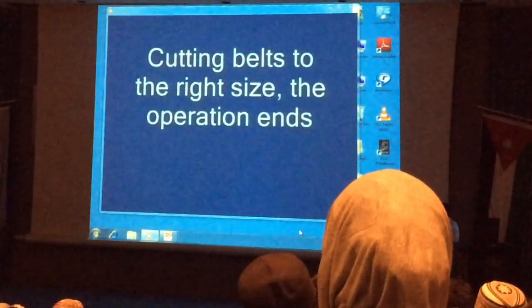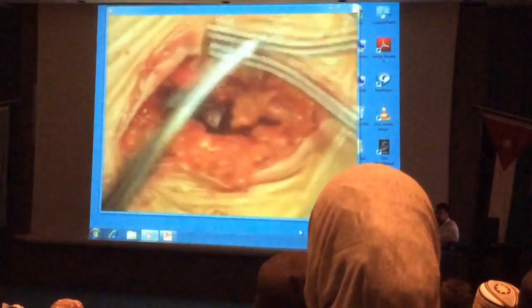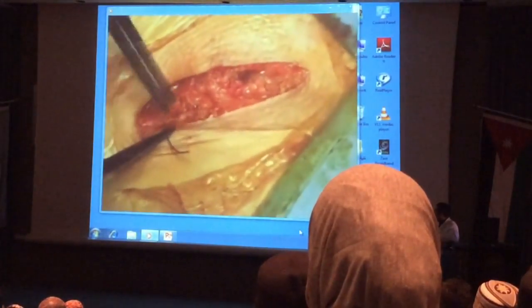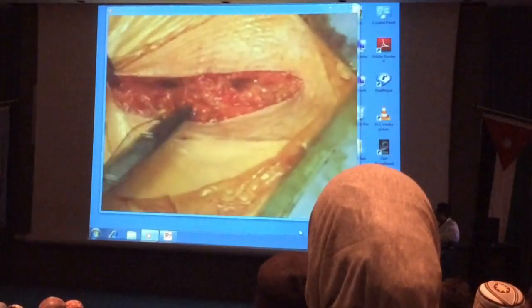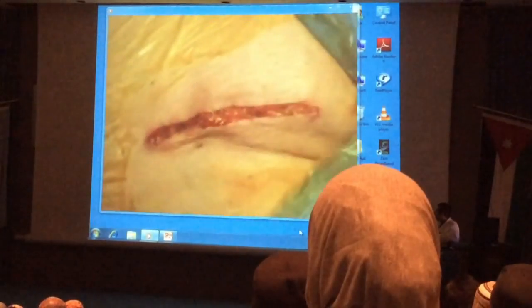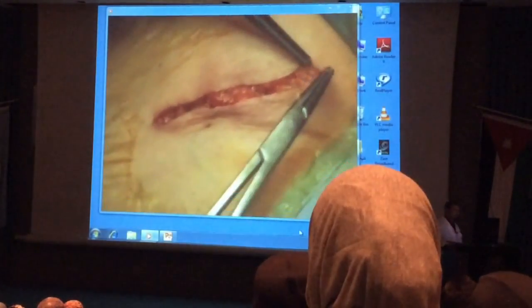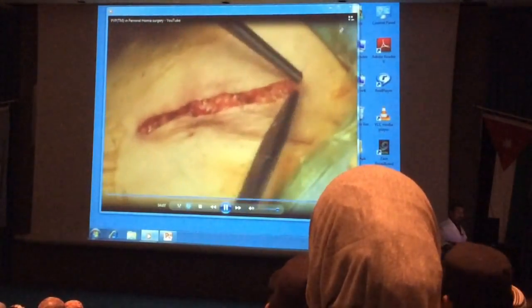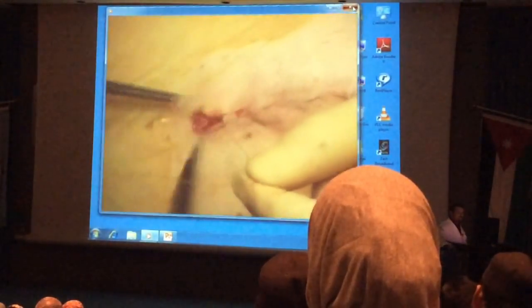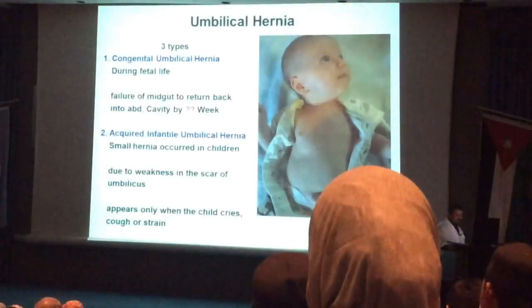And that's it. What he should do now, he will just stitch the superficial fascia, then again stitch the skin back. This is the femoral hernia.